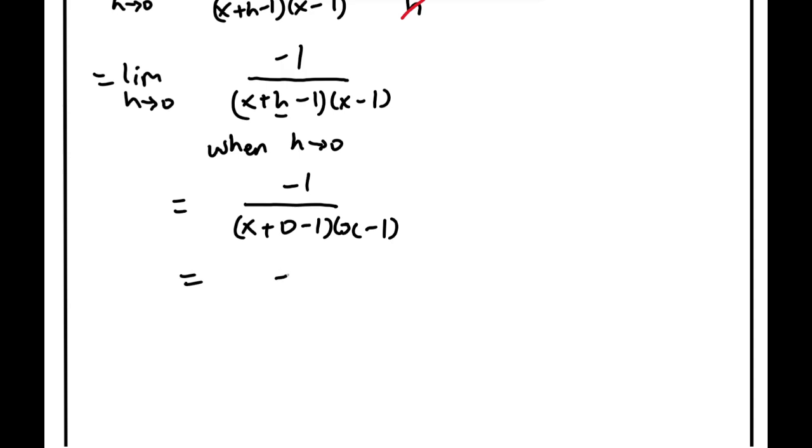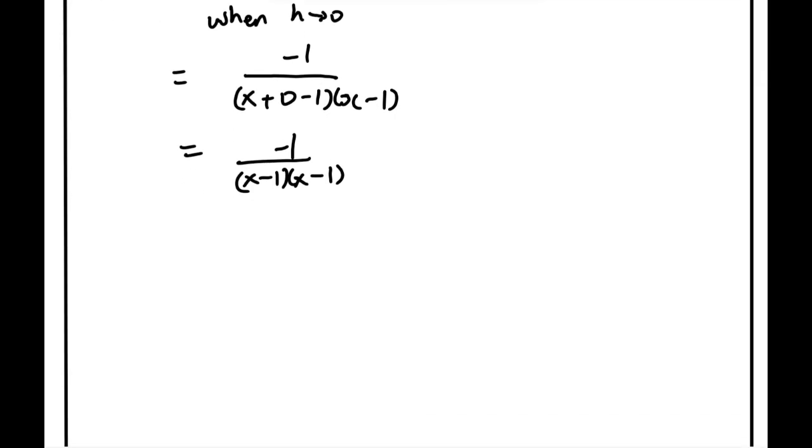This is equal to negative 1 over x minus 1, x minus 1. We can finally write this as negative 1 over x minus 1 squared. And that is our f prime of x.